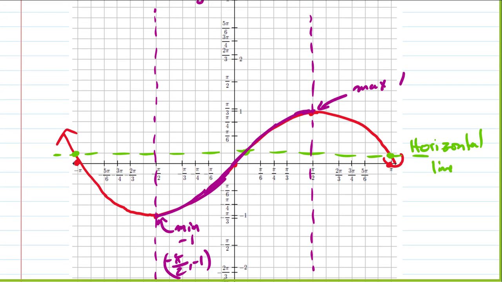So negative 1 is just a little smaller than negative pi over 3, and we go down to negative 1, which is going to be here. And then we're going to have to interchange 0, 0. That's going to give us this. And then the same thing, pi over 3, a little less, and 1.